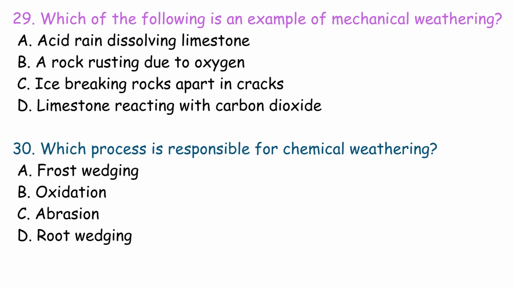B. A rock rusting due to oxygen. C. Ice breaking rocks apart in cracks. D. Limestone reacting with carbon dioxide. 30. Which process is responsible for chemical weathering? A. Frost wedging. B. Oxidation. C. Abrasion. D. Root wedging.